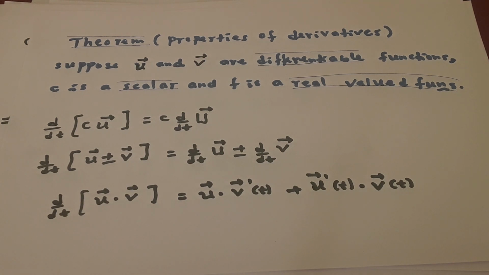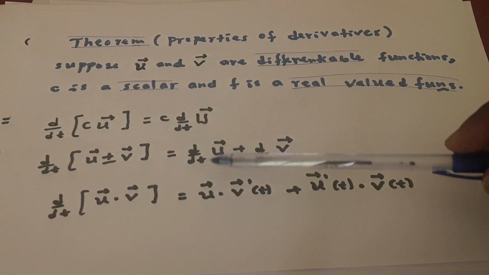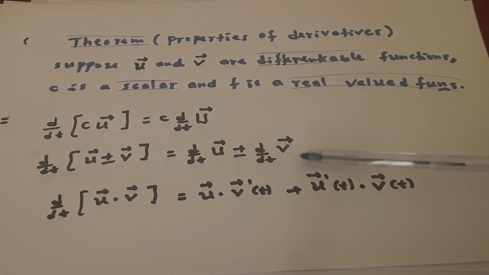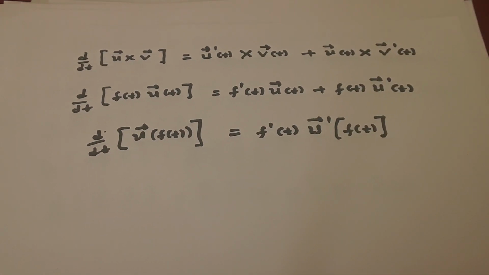Again, d/dt of u plus or minus v is d/dt of u plus or minus d/dt of v. For the dot product, d/dt of u dot v is u dot the derivative of v, plus the derivative of u dot v. Similarly, we have the cross product.